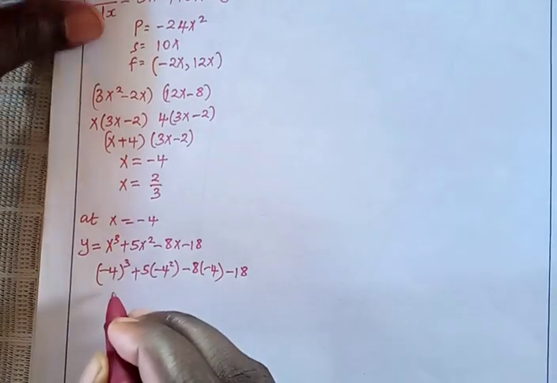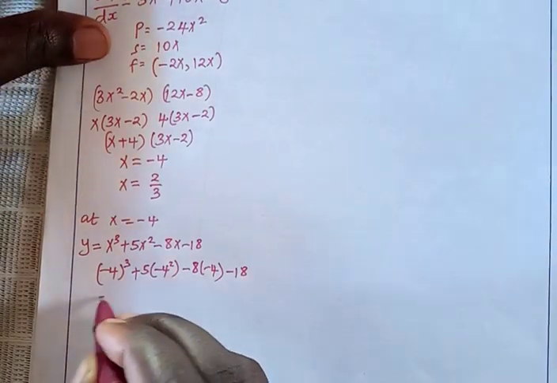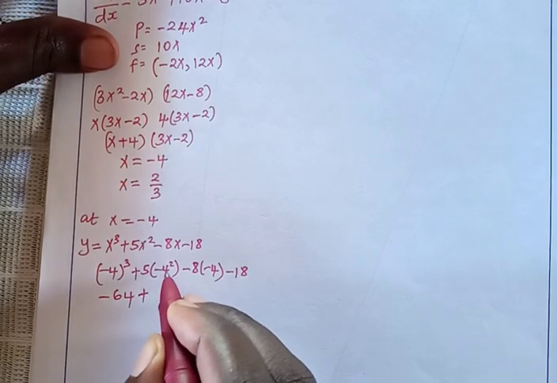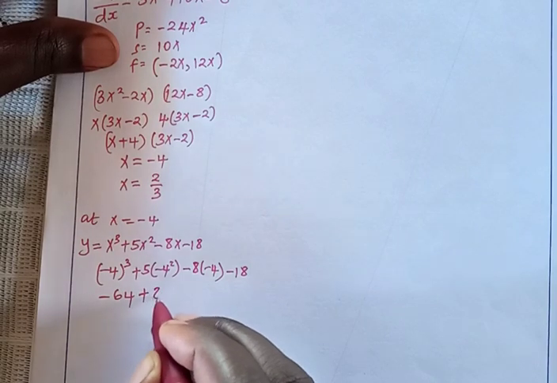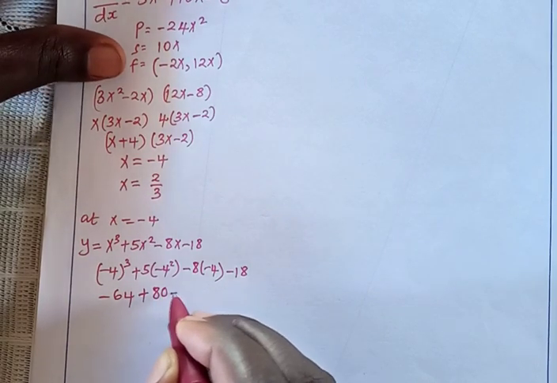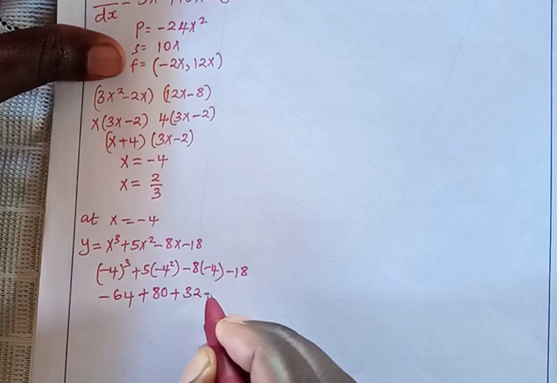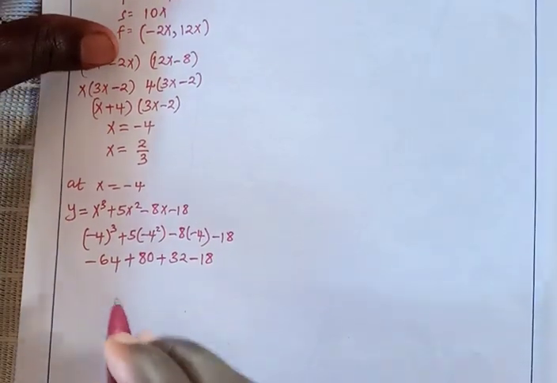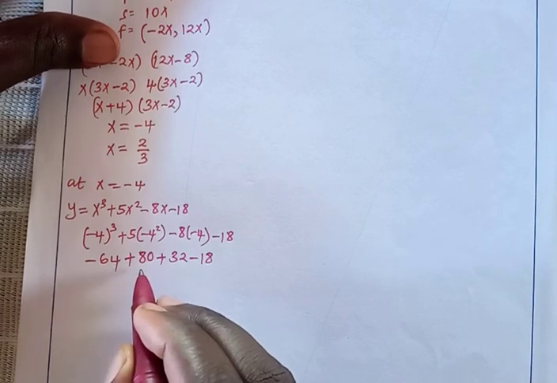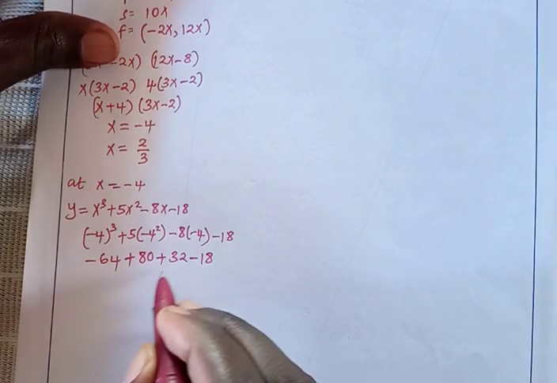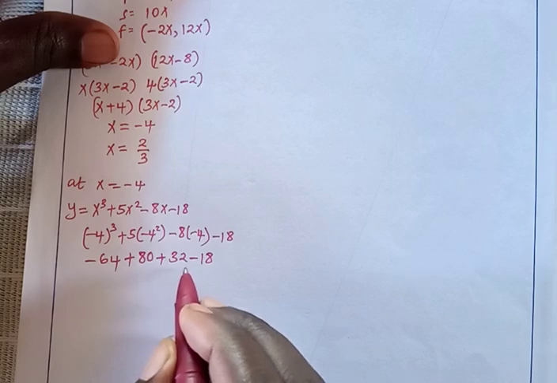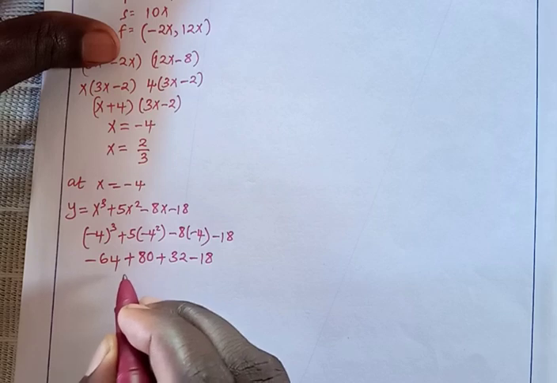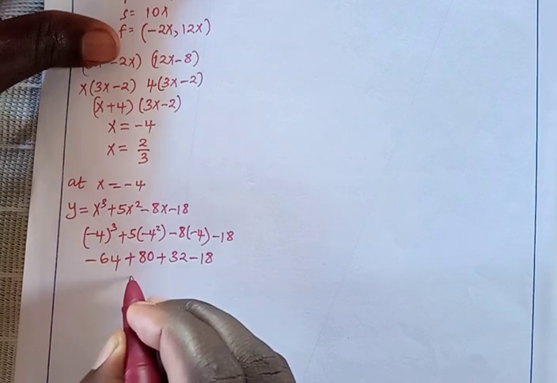This is going to give us negative 64, then plus 16 times 5, which is 80, then plus 32, then minus 18. Then we get negative 64 plus 80, which is 16, plus 32, minus 18. This is going to give us positive 30.